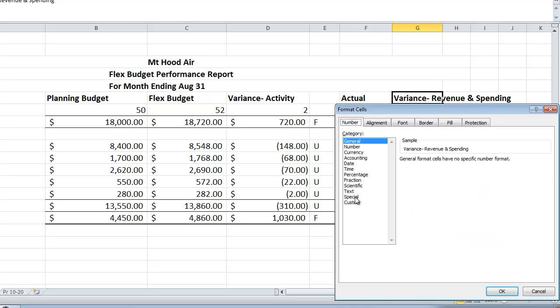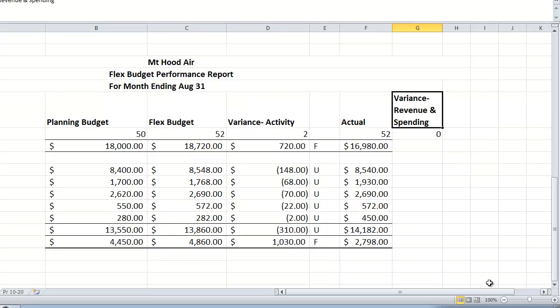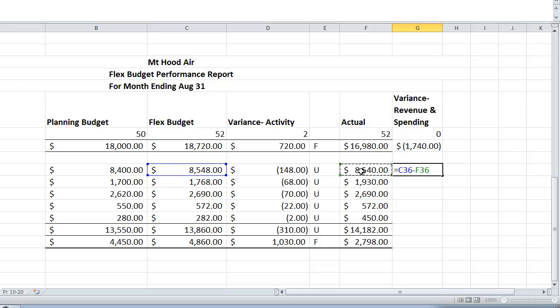I'm just going to make this look pretty. Okay. So, we're going to take our flex and subtract, we're going to take our actual and subtract flex up here. And then we're going to take flex on the spending and subtract actual.